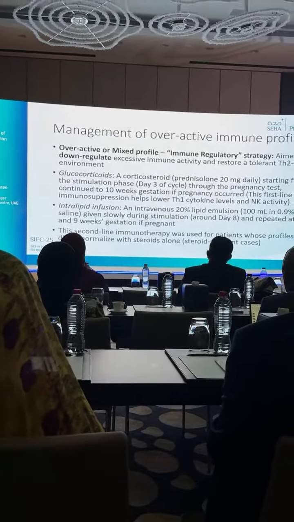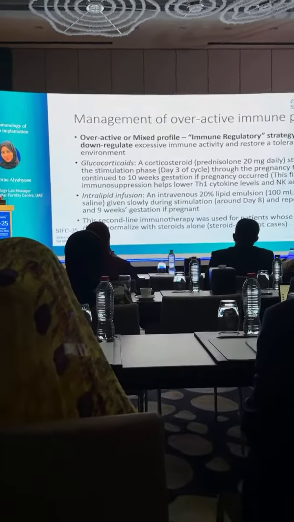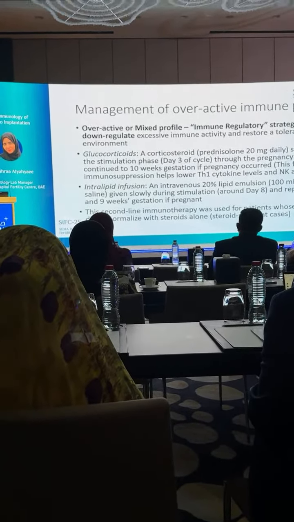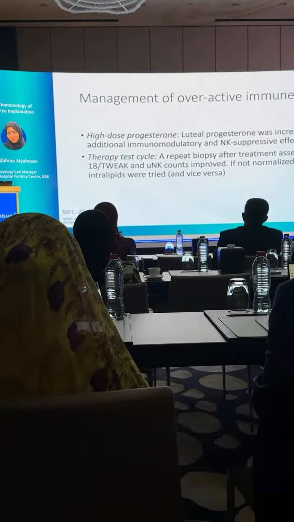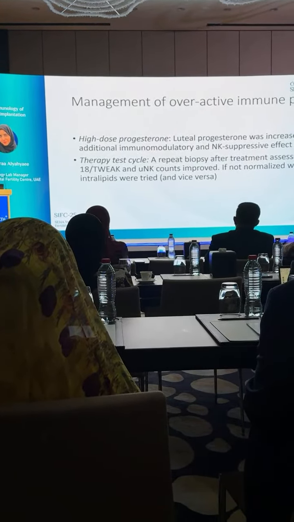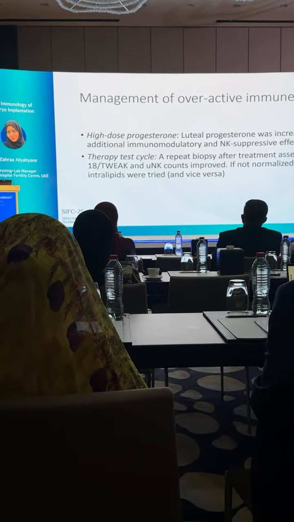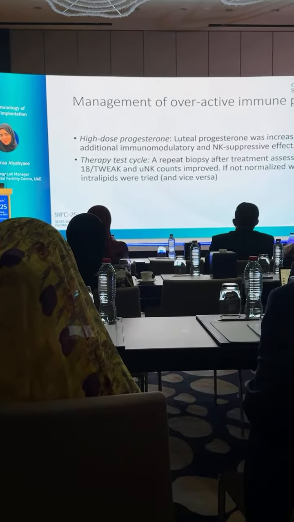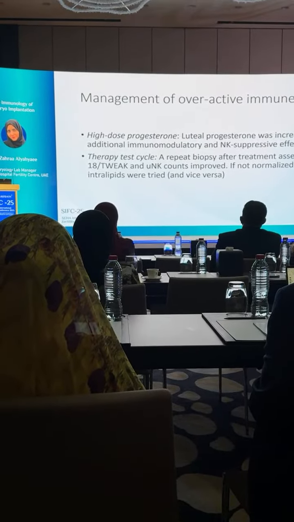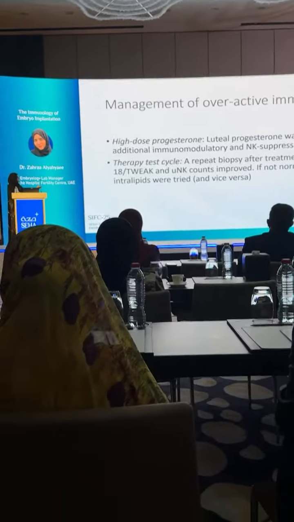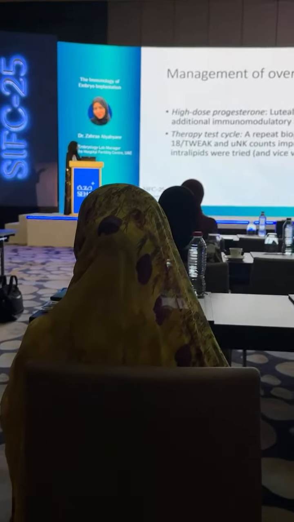So the second line of immunotherapy was used for patients with profiles that didn't normalize with the steroids, so they went through phases. They also increased the dose of progesterone, and for patients who did not normalize, they had to test if the management was effective before proceeding with the transfer. If it was not effective, they would add the steroids or the antibiotics.